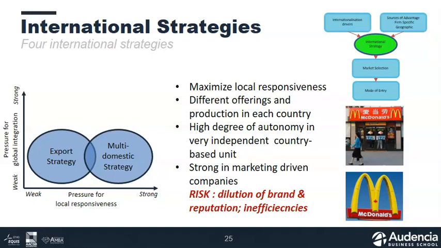Now, there are generic products offered in McDonald's, and it helps maintain the brand identity, but there's a risk that it's diluted. And also inefficiencies, obviously. If you're doing things n number of times and multiplying it locally, there's no coordination overall, and there could be things that could be coordinated internationally, and you're not doing it.